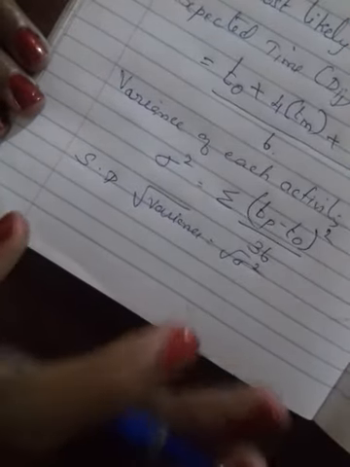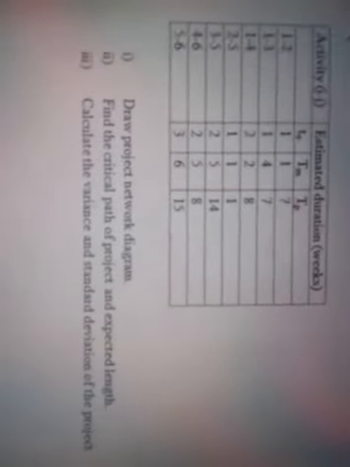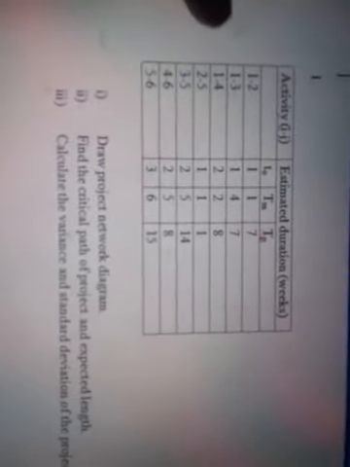Now we will see the problems. This is the first problem in PERT, Project Evaluation and Review Technique. They have given activities with T0, Tm and Tp as the estimated durations.